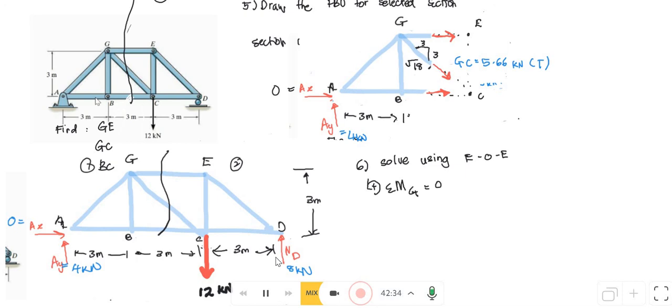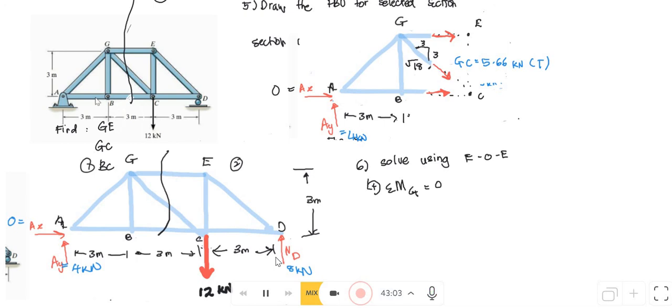What we have here, GC, would not be included in our calculation. So it will be good because if you calculate GC wrongly, it will not interfere in your calculation of BC. That's why I think point G for this situation is better. It's the best choice for you to pick. Okay, so we put G right then.